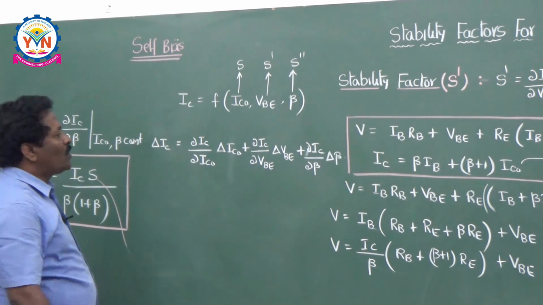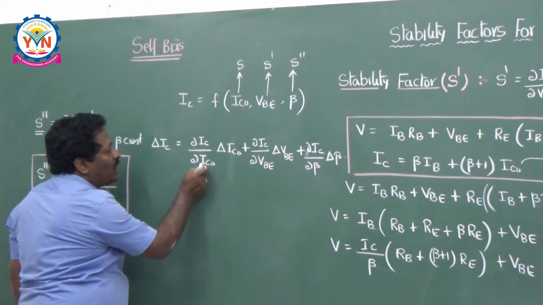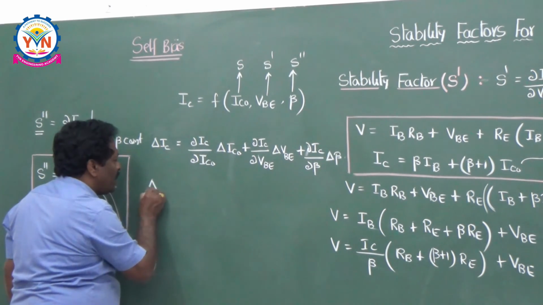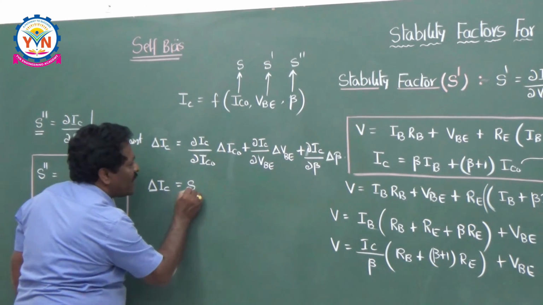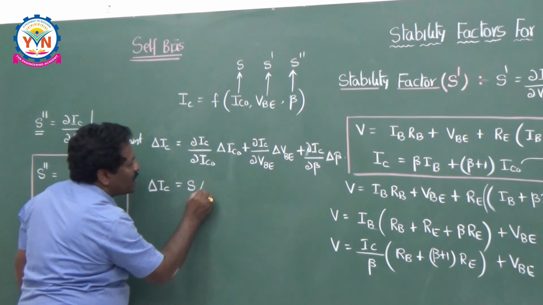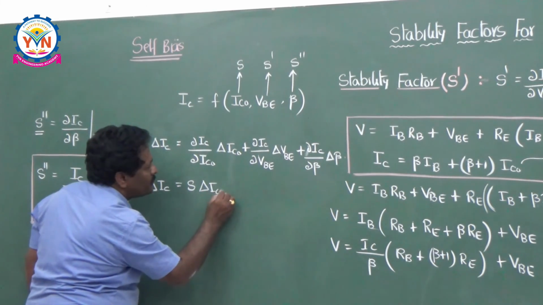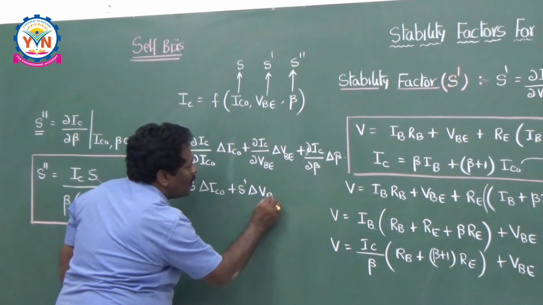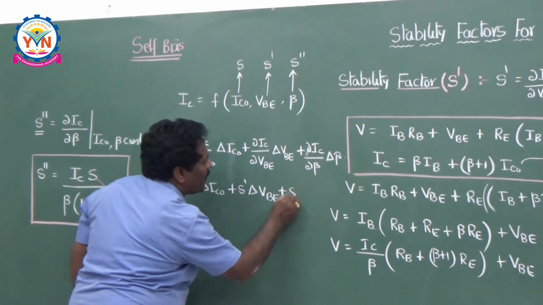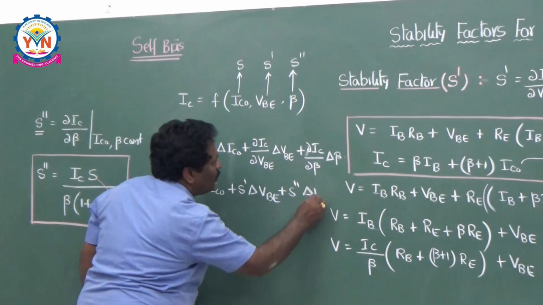So delta IC, the change in the collector current, is equal to S times delta IC naught, because it is the definition of S, plus S dash times delta VBE plus S double dash times delta beta.